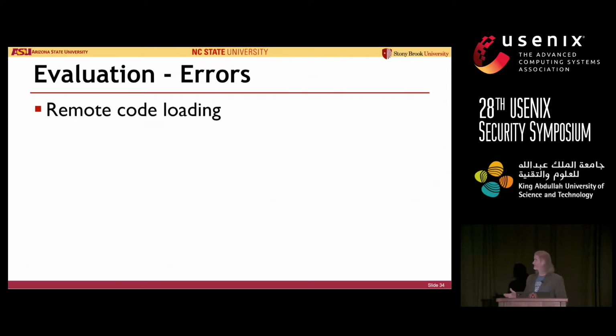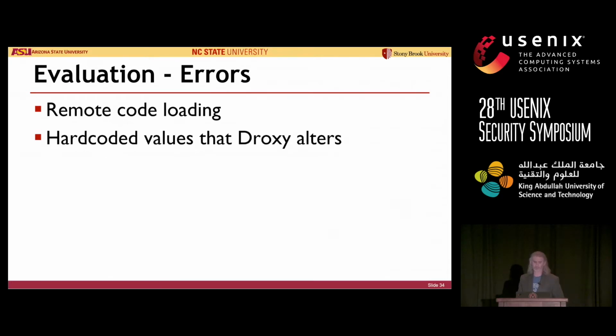Now, we had some issues with these, and one of the most common issues with the ones that failed the functionality test was actually remote code loading. These extensions will load code remotely from, say, their web server and bring it in, and that piece of code is still trying to access the original IDs or the original WARs. Some of the extensions had hard-coded values.